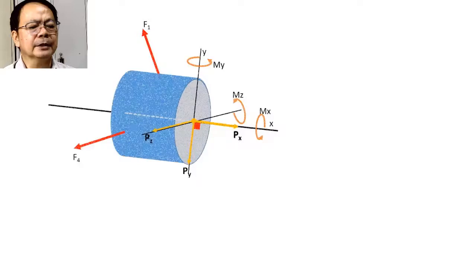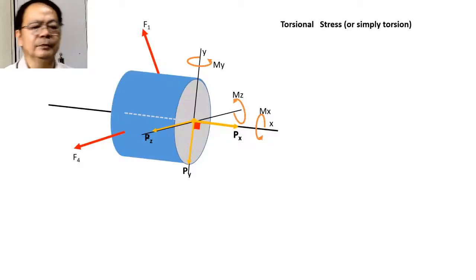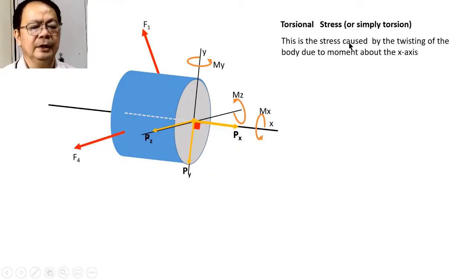The other type of stress that we shall have are the torsional stress. Kumbaga, ito yung further, yung torsional stress, or simply they are called torsion. Ano itong torsion na ito? These are the stress caused by the twisting of the body due to the moment about the x-axis. Di ba pinakita natin kanina, when the force that is acting here is moved towards the center, kaya nagkaroon ng puproduce yung tinatawag natin moments about x, about y, and about the z-axis.